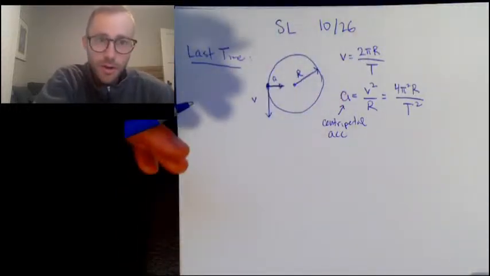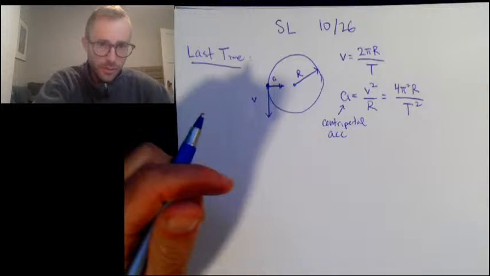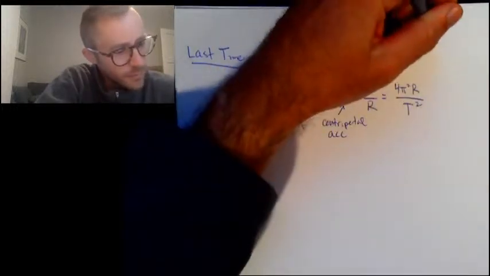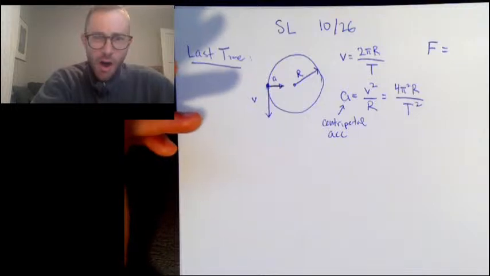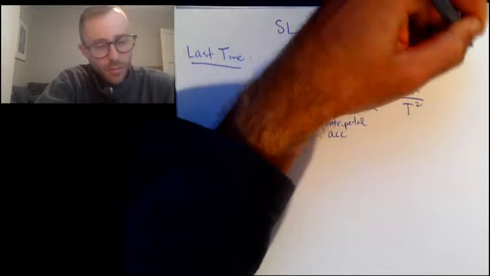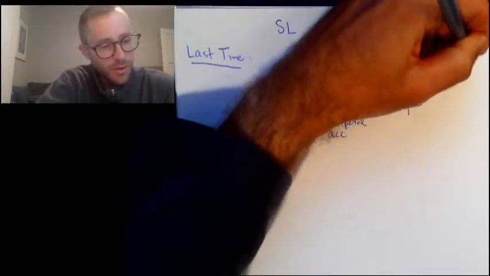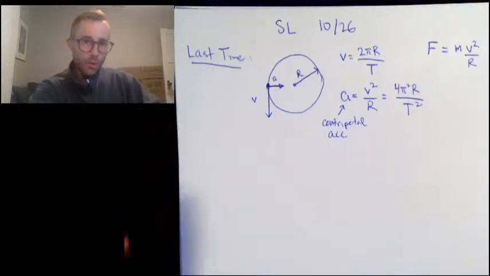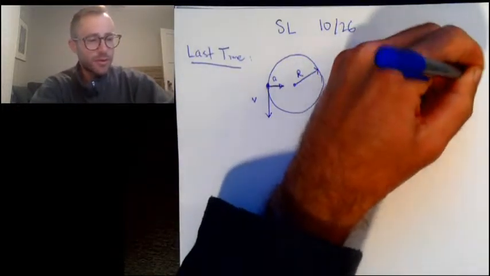Newton's second law applies equally well to circular motion as it does to linear motion. And so if you're moving in a circle, the force required to make you move in that circle is going to be mass times v squared over r, or mass times 4 pi squared r over T squared.